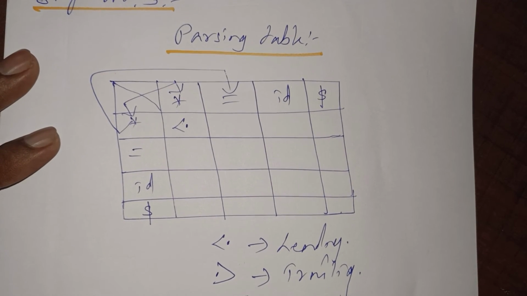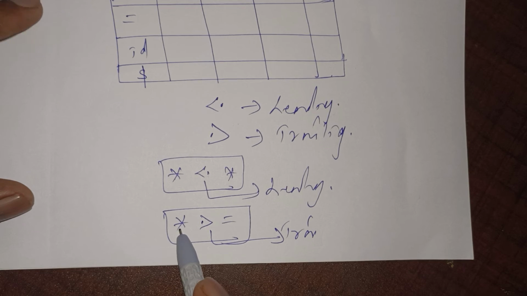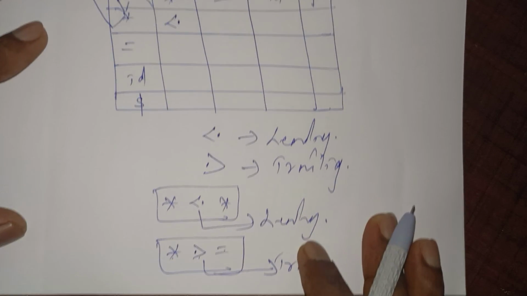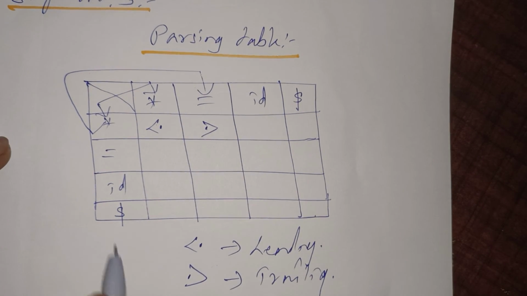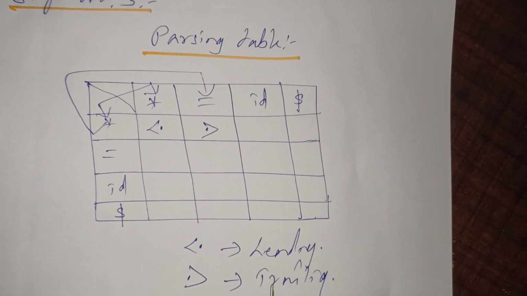So this is the trailing symbol, right? We compared this asterisk and equal to, we found this trailing symbol, so we need to mention that particular symbol here. So I am constructing this parsing table with all the values in step number 2 alone. I am not seeing anything in step number 1, right?